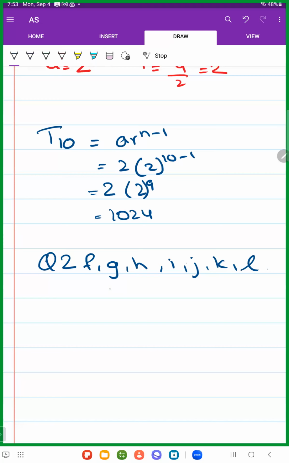We will be doing this today. Are you both clear with how to do this question? Yes, miss. Okay.